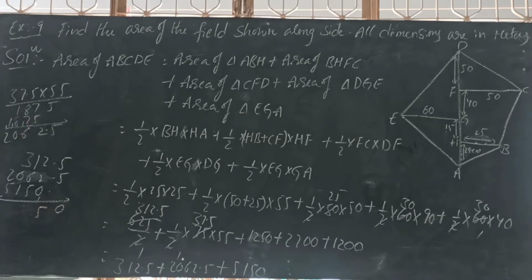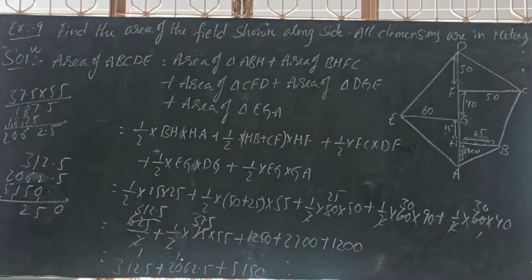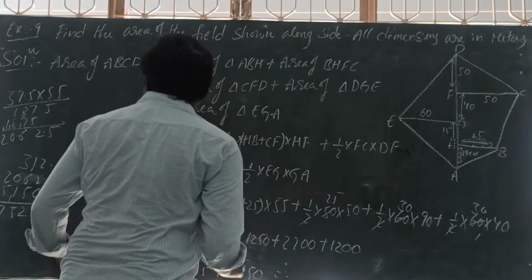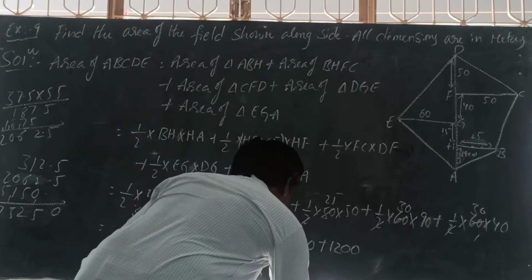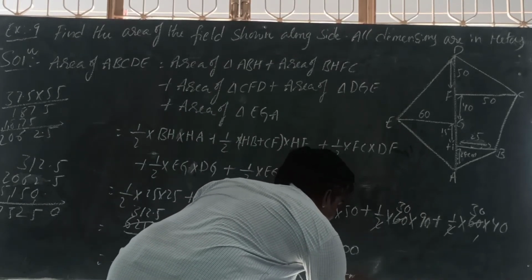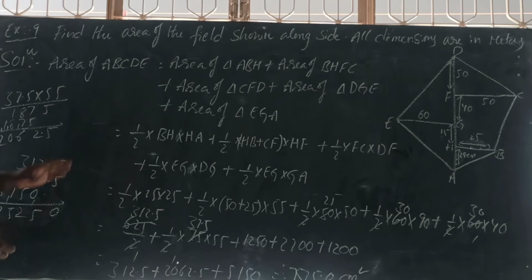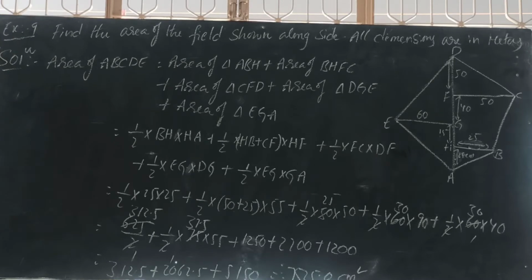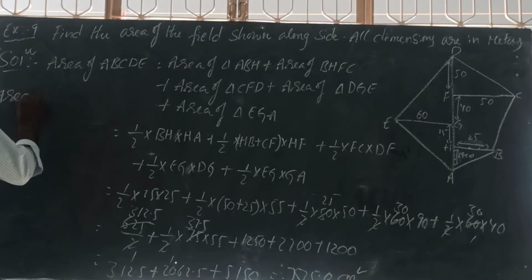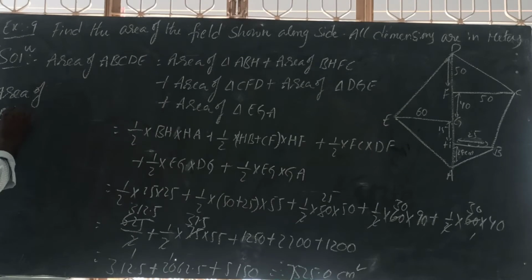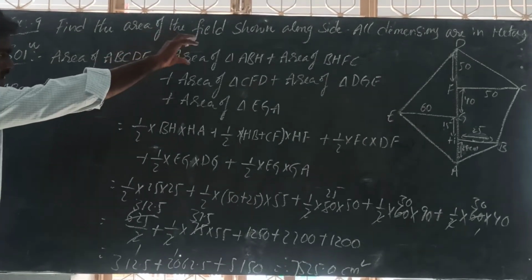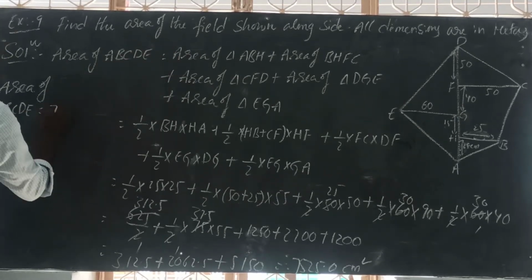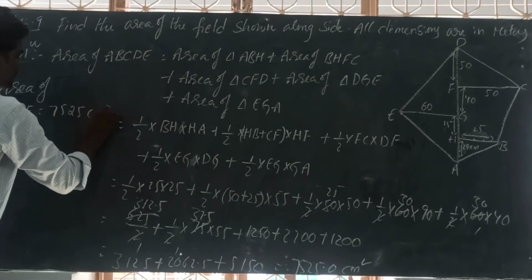So the total area of ABCDE is equal to the sum of the areas of all the parts. How much do you get? 7525 centimeter square.